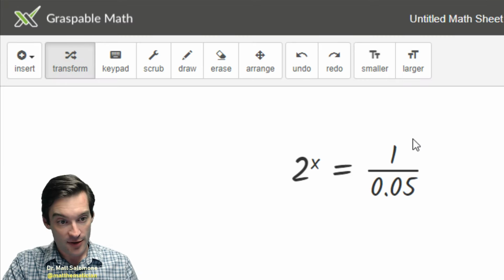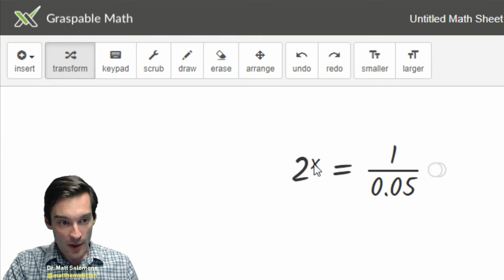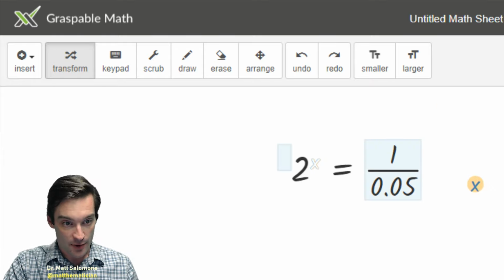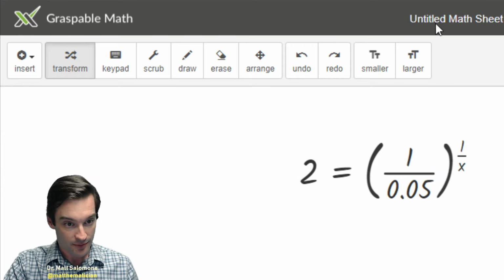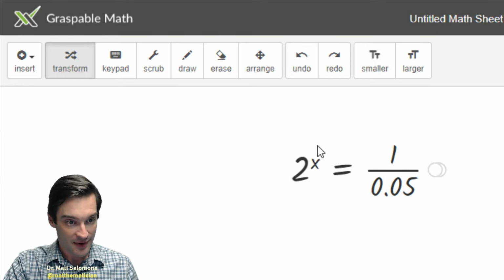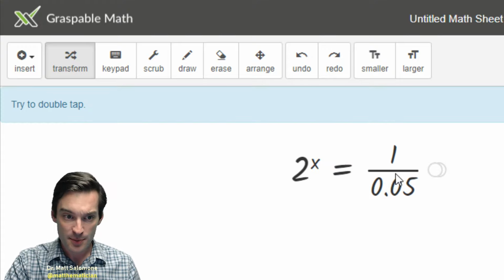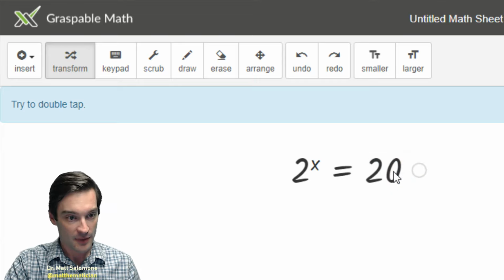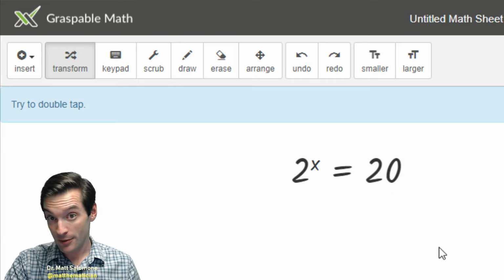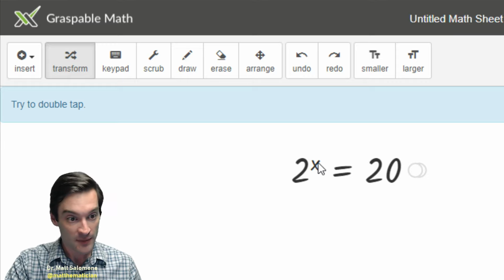And so coming back to this example, what I want to do is move this exponent of x over to this side of the equation, and not like that. Move it over to this side of the equation, and this 1/0.05 reciprocal, which by the way, if we simplify this, it's just 20, right? 1 divided by 0.05 is 20.